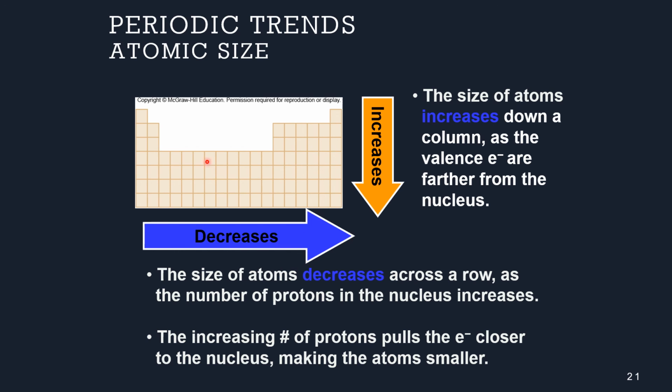Basically what's happening here is as you have more protons, it has more pull toward the center of the atom, which makes it more compact. So the atom gets smaller as you go from left to right. As you go from top to bottom, the atom gets bigger.